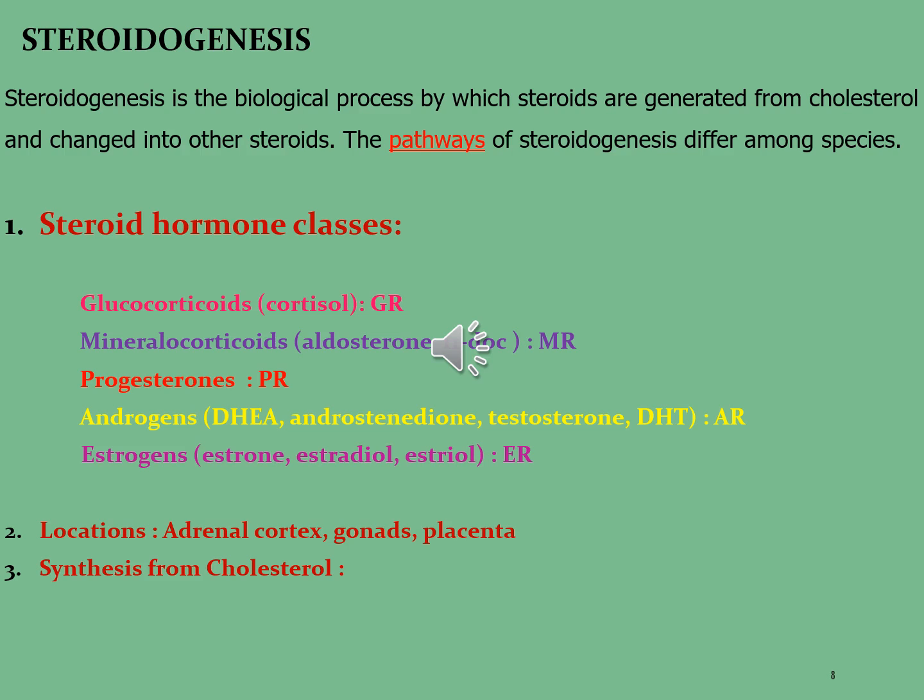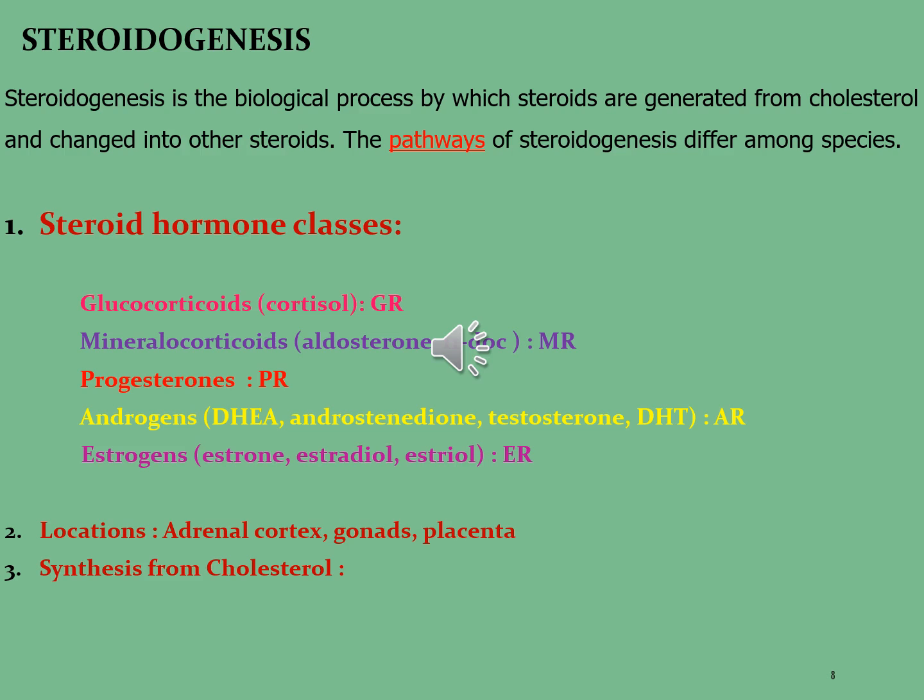We are going to look at when these hormones build up, typically because of an enzyme defect that we will talk about later, or sometimes hormone-secreting tumors. So the next one is progesterone, that is represented by PR.